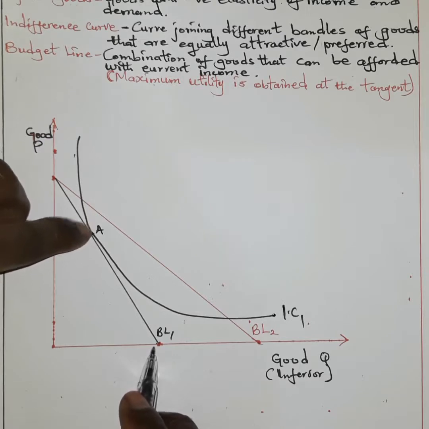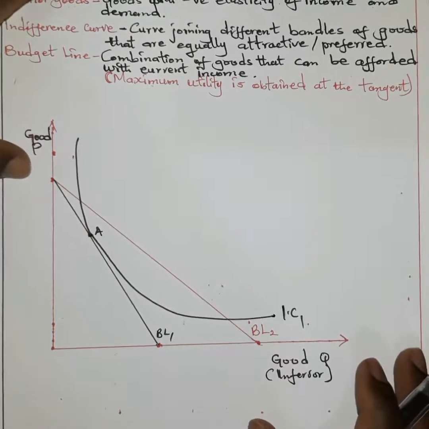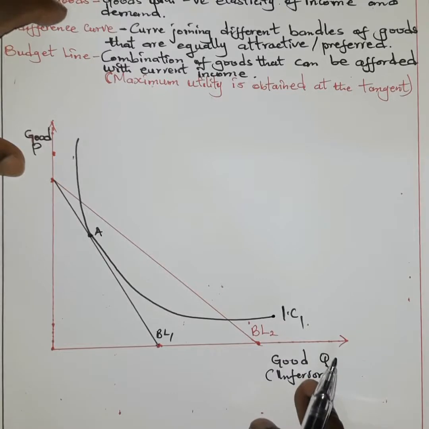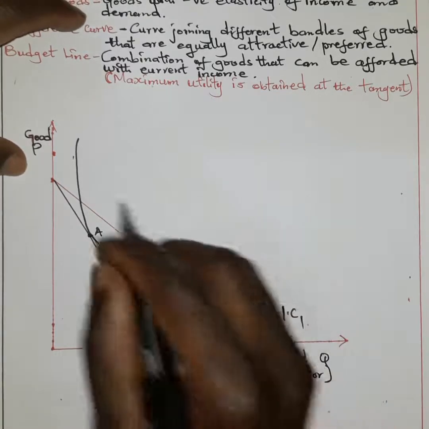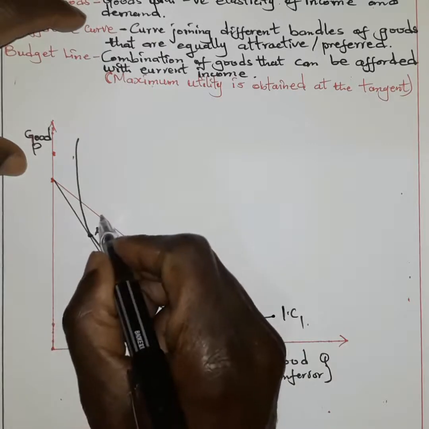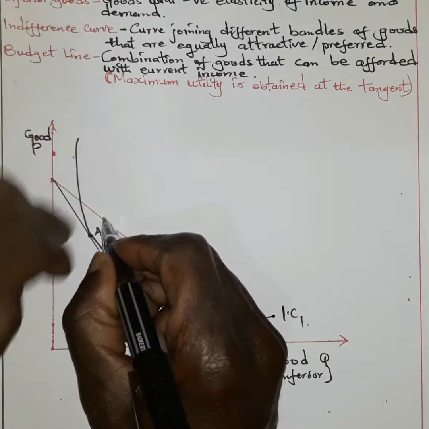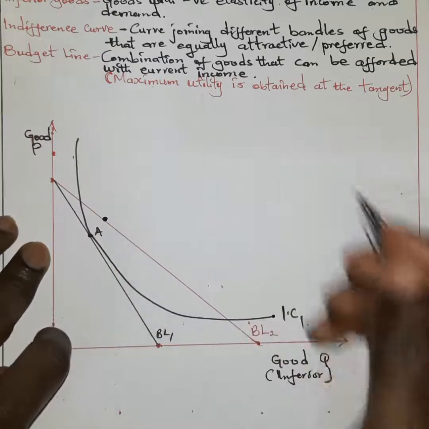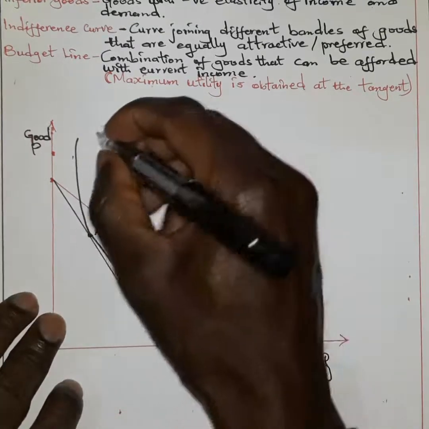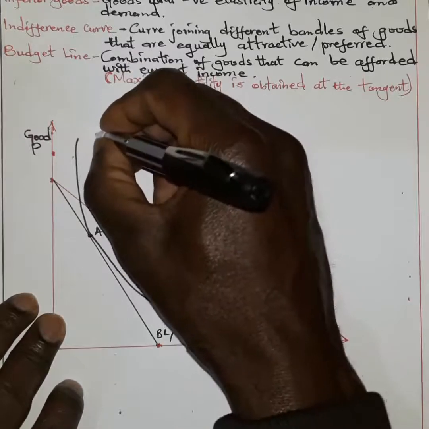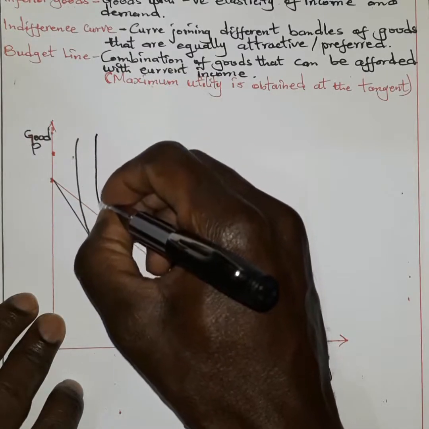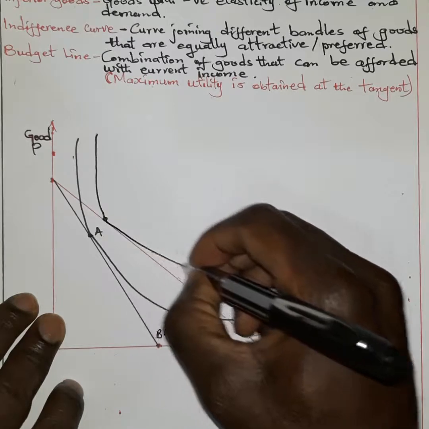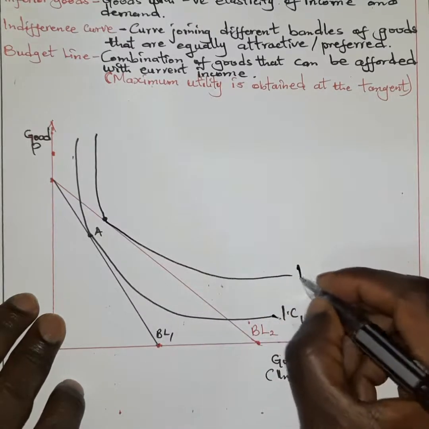But dropping the price of good Q, which is an inferior good, will lead to a different utility, which will now be obtained at this particular point, which can be read by obtaining another indifference curve.